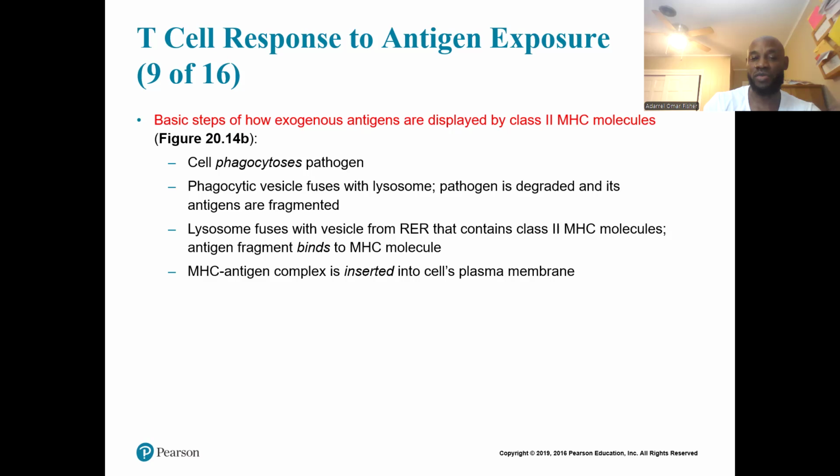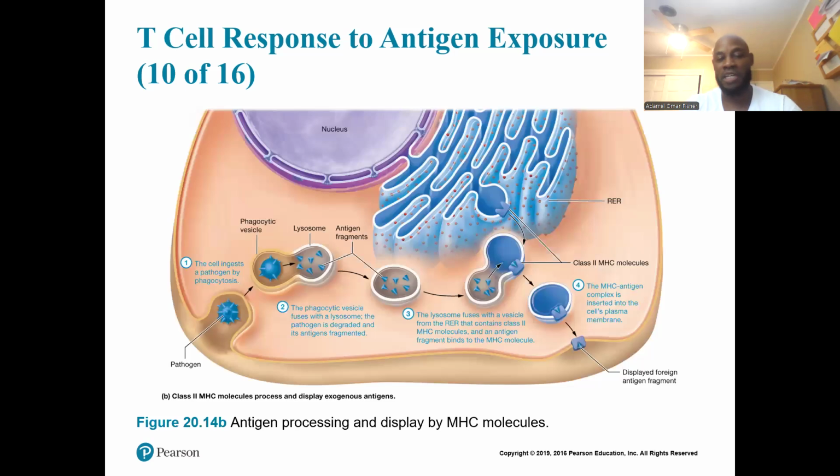The lysosome fuses with a vesicle from the RER, rough endoplasmic reticulum, that contains class 2 MHC, the fragment binds to the MHC molecule, and the MHC antigen complex is inserted into the cell's plasma membrane. And that's how the class 2 exogenous antigen is displayed on the surface so that the T cell can recognize it.